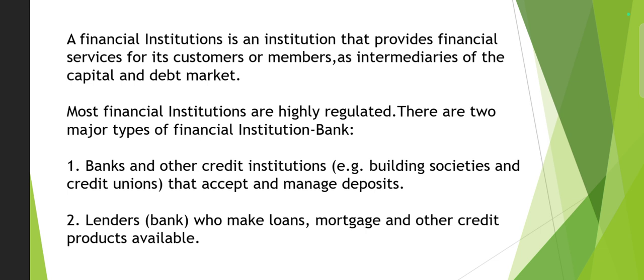First is banks and other credit institutions, for example building societies and credit unions, that accept and manage deposits. Second is lenders, banks who make loans, mortgages, and other credit products available. So these are the two different types of banks which provide financial services to customers.